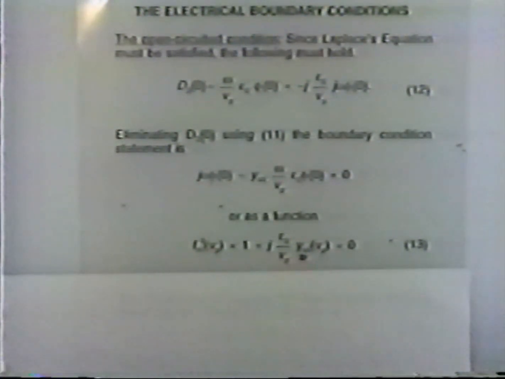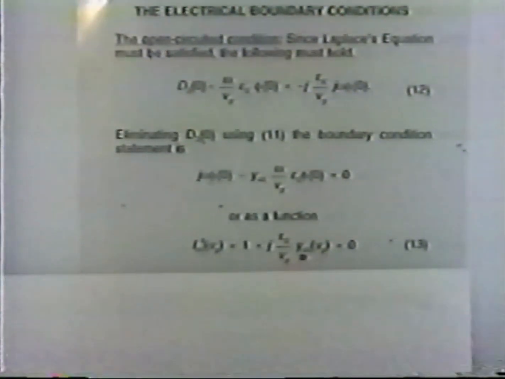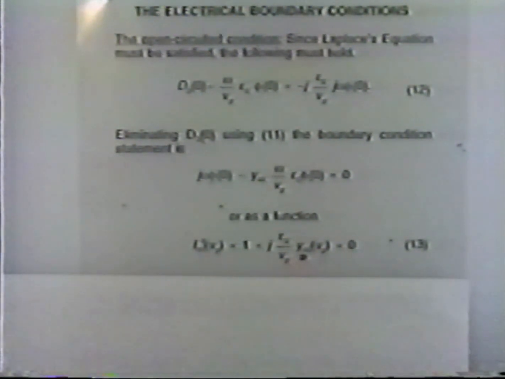The short-circuited condition just requires that you find the velocity that makes Y44 vanish. So they are different. And that's where you get a difference between the open-circuit and the short-circuited velocity.